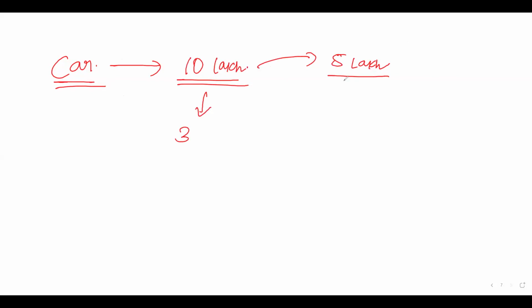With the locker example, if it is not clear, don't worry, it will be clear with the car example. So let me just complete and you will be pretty much clear with it. I'm definitely sure about it. Let's suppose that 10 lakh rupees is the price at which the owner bought the car. Out of that, 5 lakh rupees is the loan amount that he had taken. 3 years later, he had repaid 2 lakh rupees.